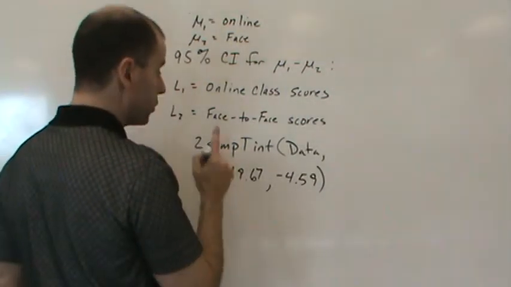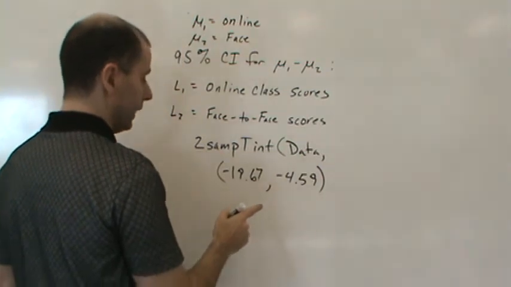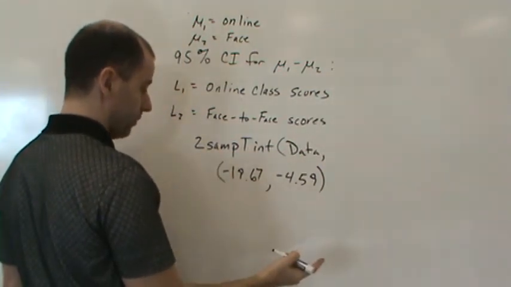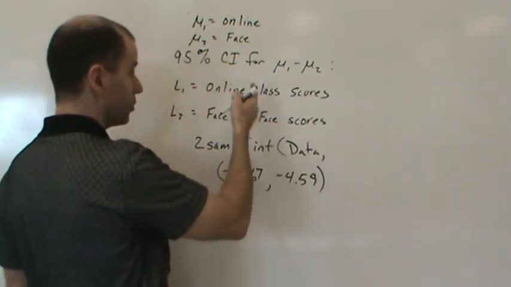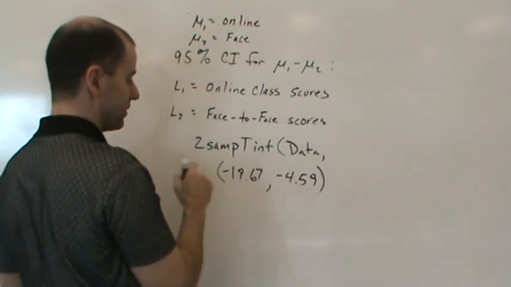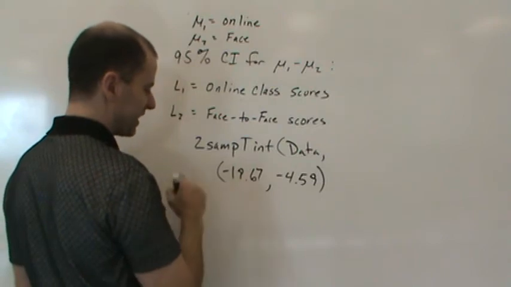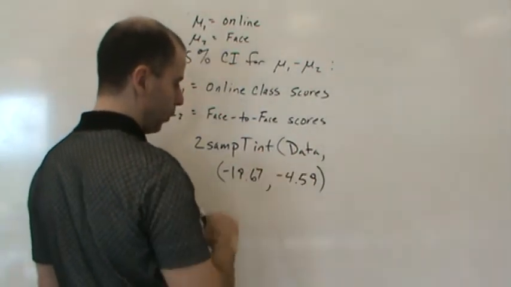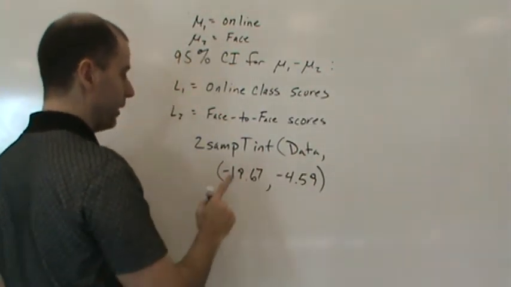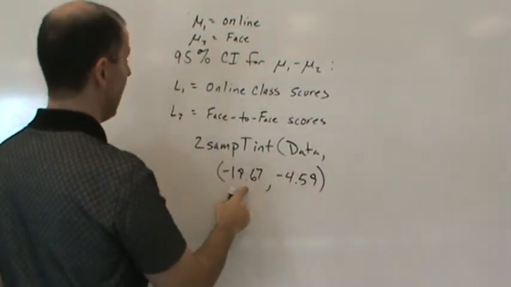So what does this mean? Well, the true difference in the average scores between students in the online class and the face-to-face class is somewhere between negative 19.67 points and negative 4.59 points. In favor of what class?